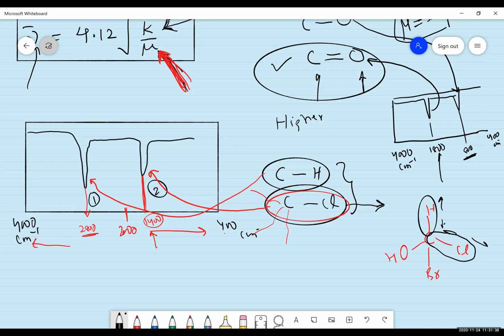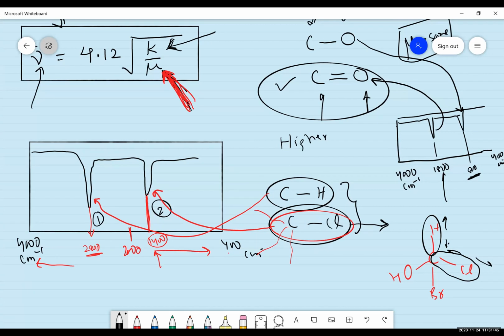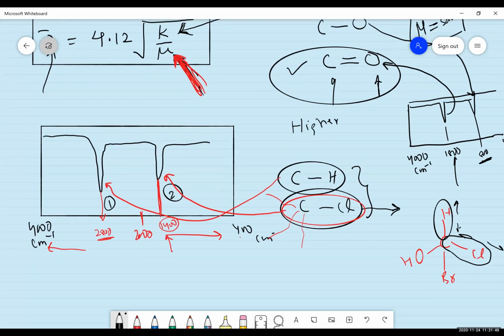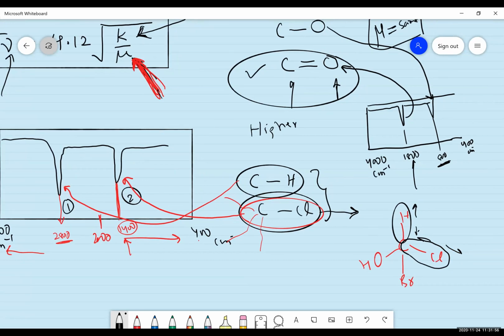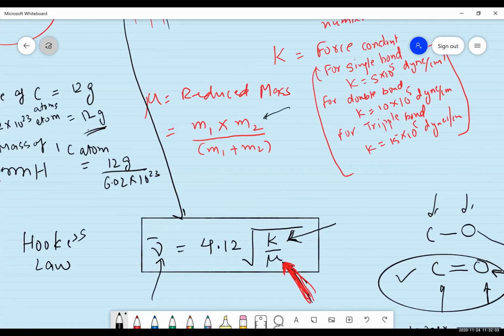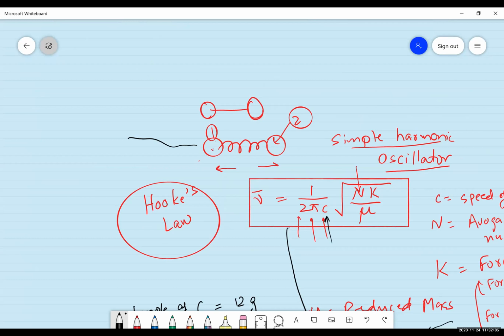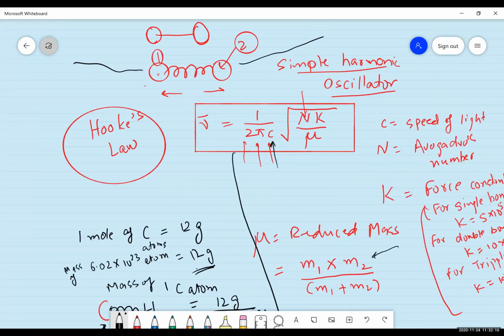They do interfere a little bit, but that value doesn't change. According to Hooke's law, it does not consider anything else connected to the bond. So Hooke's law interpretation is based on 2 independent atoms connected to a bond. Nothing is on this side, nothing is on that side, right? That's the limitation.